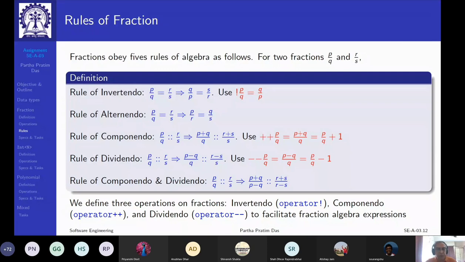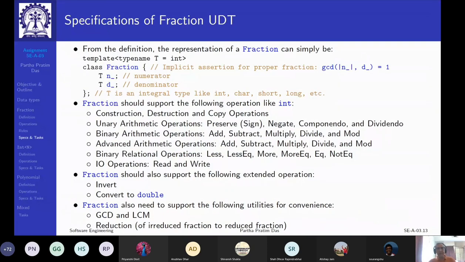Okay. So the first part of the specification is simple. I say fraction is a class, and it has to have two data members, numerator and denominator. Now, I could have defined them as int, but I'm trying to do something a little bit more generalized, because you have learned how to have generalized types.